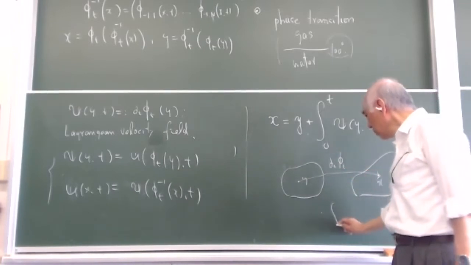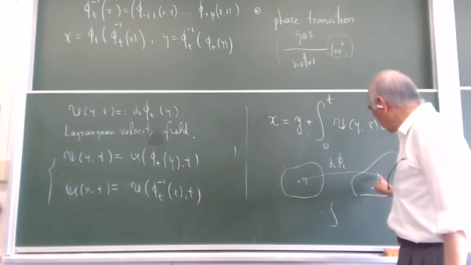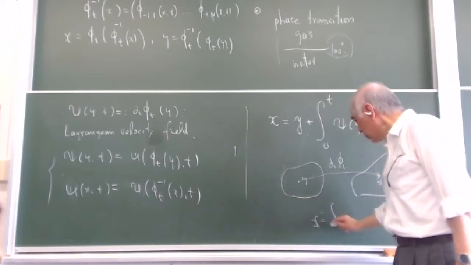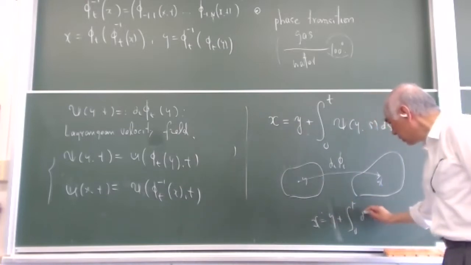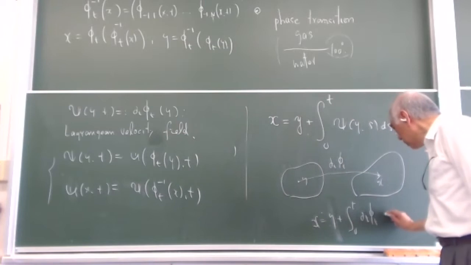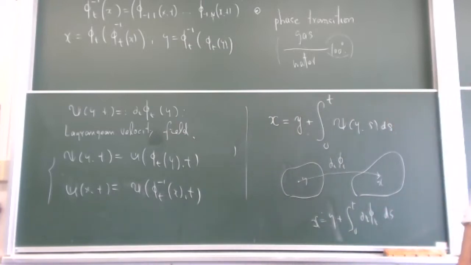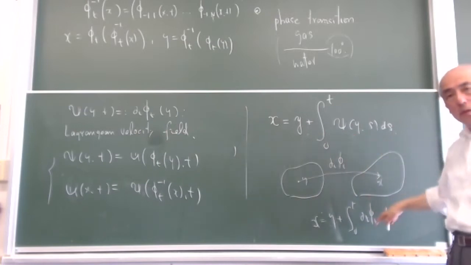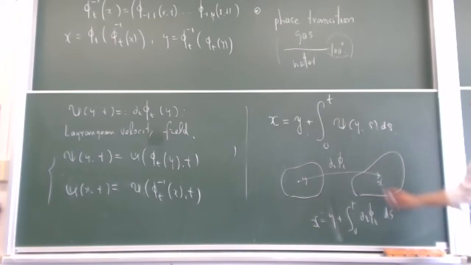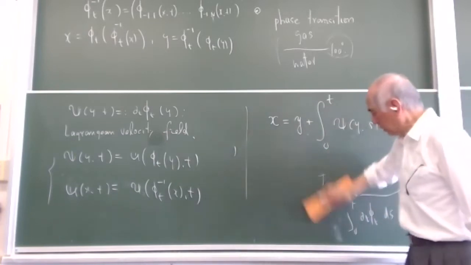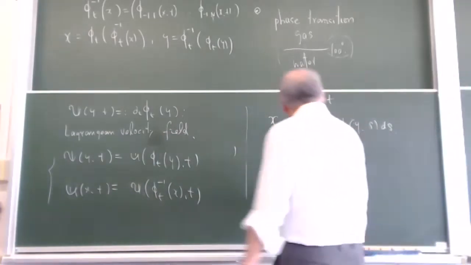Therefore, just this x is equal to y plus t times this. So this representation gives a relationship of x and y. This is called the Lagrangian transformation.